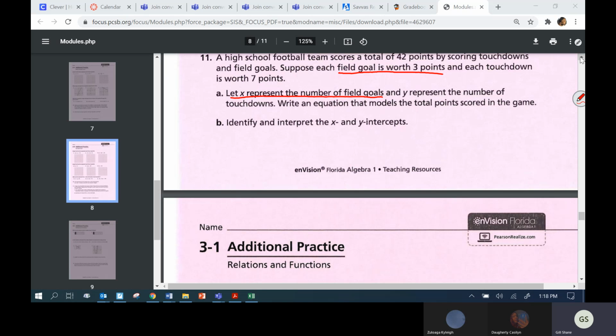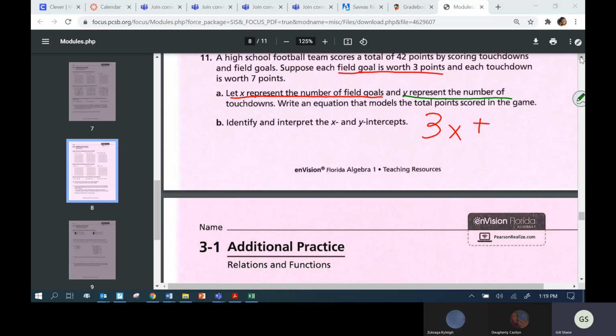So, all you need to do in this type of problem is match up what the variable is about. So the variable is about field goals. Which number is about field goals? Well, 3 is about field goals. So then 3 goes with the x. All right, well then, what is y about? Y is about touchdowns.